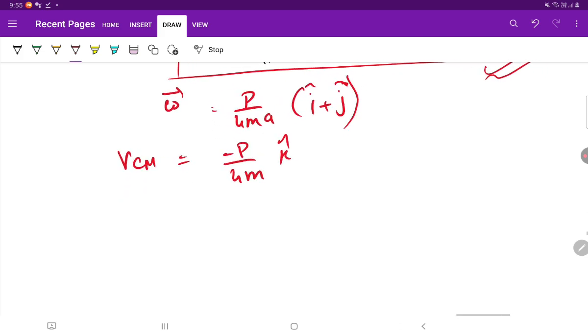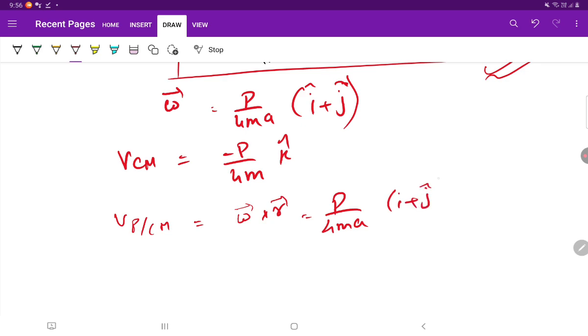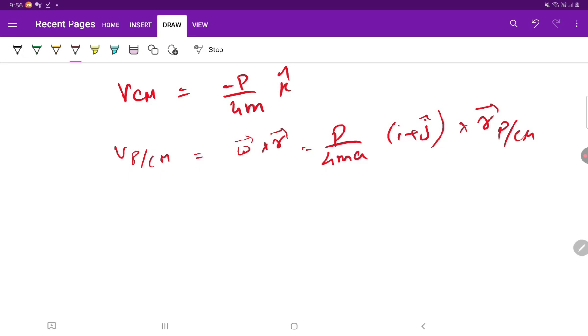What will be my velocity of respective masses with respect to the center of mass? Velocity of any point P with respect to center of mass is given as omega cross r, right? So it will be p by 4ma times (i plus j) cross r vector of point P with respect to center of mass. Now what is my velocity of point C with respect to center of mass?